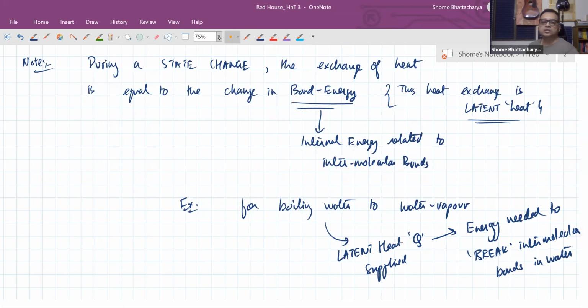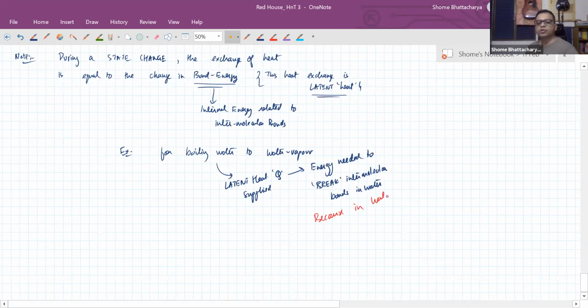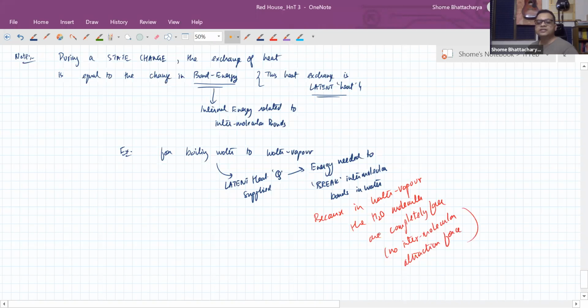Okay. Because water vapor being a gas, because in water vapor the H2O molecules are completely free. Okay, there is no intermolecular attraction force. Okay, so that is the explanation.